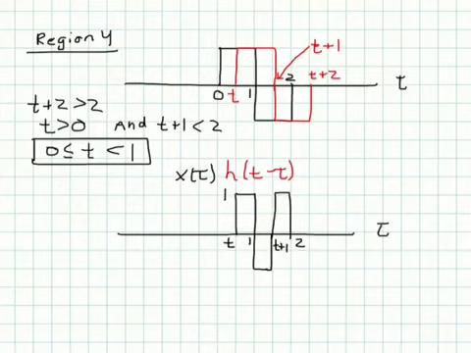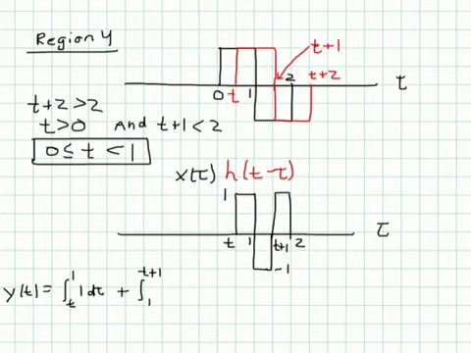And that's 1, and that's minus 1. So we can write out the integral. Again, it's pretty easy to do. The integral between t and 1 is 1 d tau. And the integral between 1 and t plus 1 is minus 1 d tau. And then the integral from t plus 1 to 2 is 1 d tau.